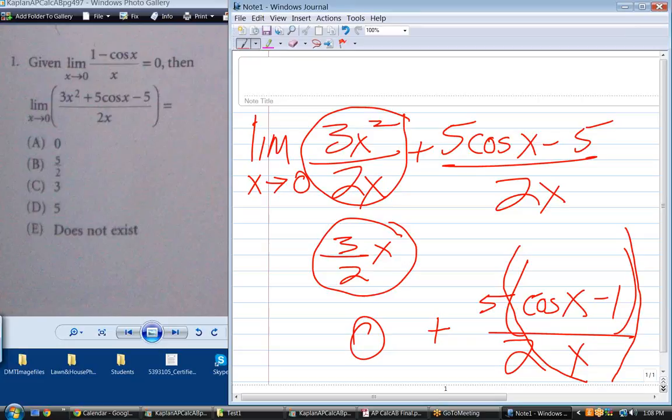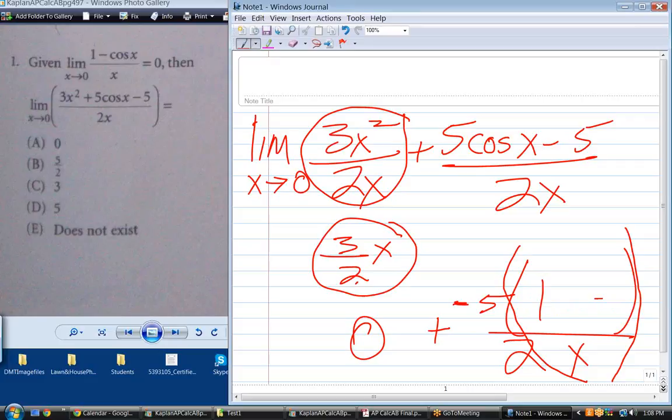No, it wasn't quite correct. I noticed that what they gave us was 1 minus cosine instead of cosine minus 1. Doesn't matter in this case. I can stick a negative sign there and make it 1 minus cosine.